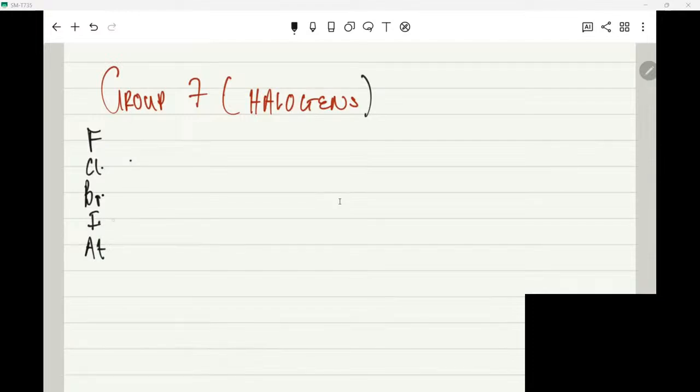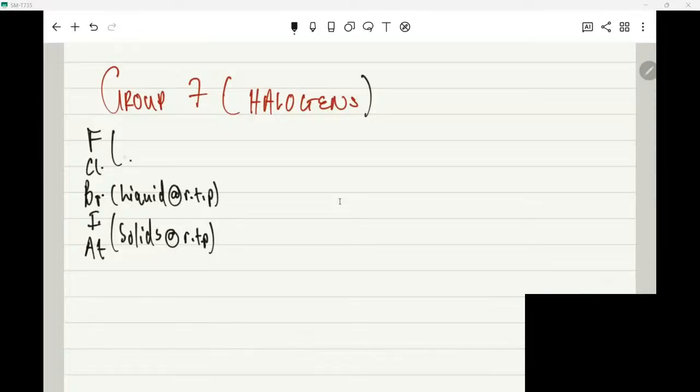So these two are solids. This one is the only one that is liquid at RTP, room temperature and pressure, the normal temperature. Then these two are gases at RTP.